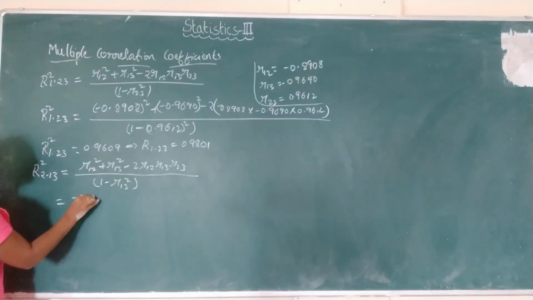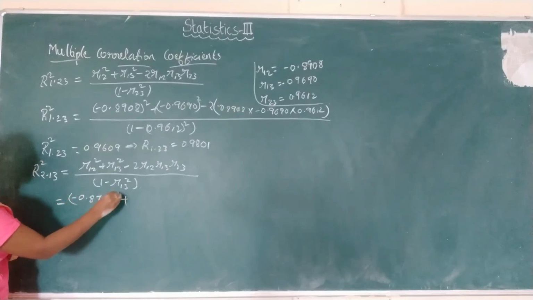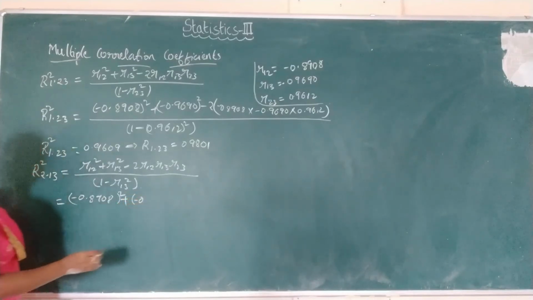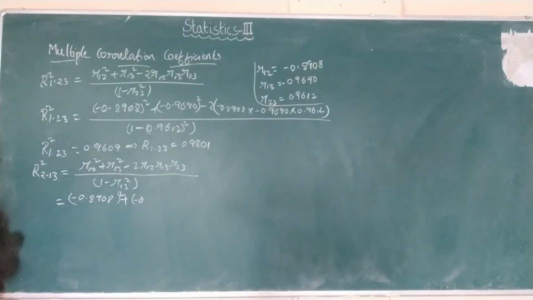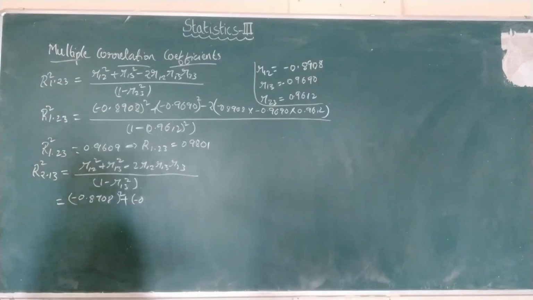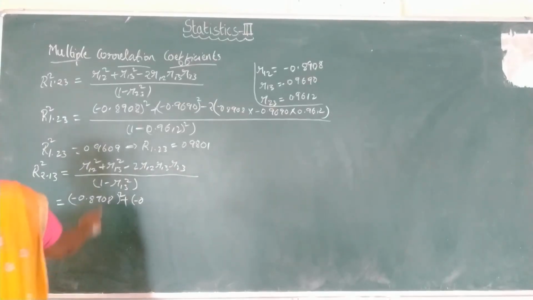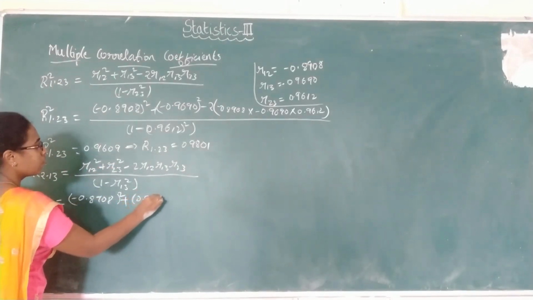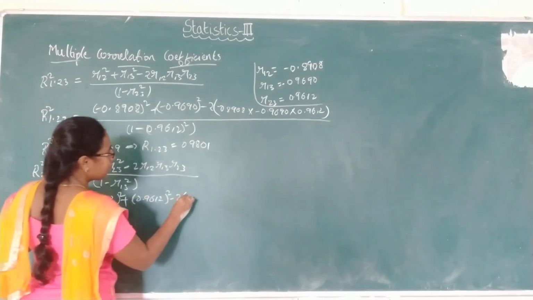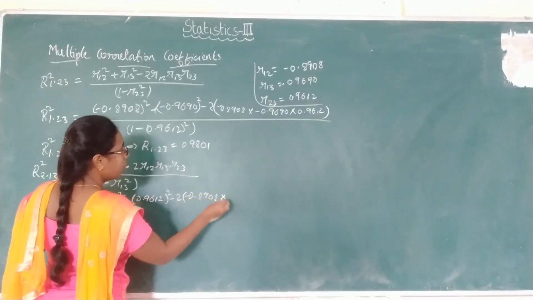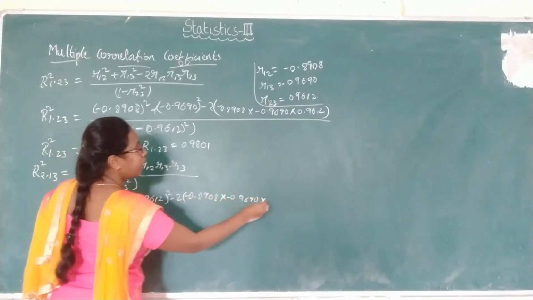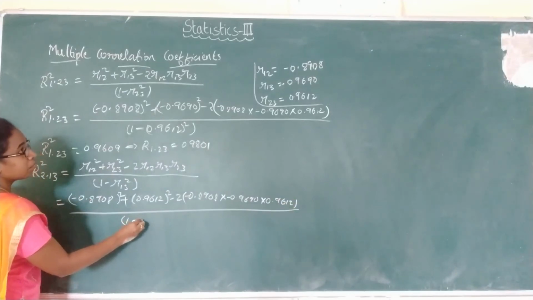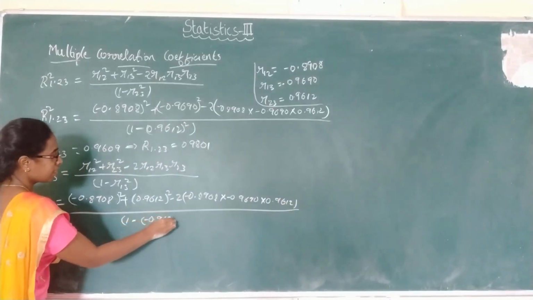R12 is minus 0.8908 square plus R23 square value 0.9612 square minus 2 into those 3 terms, 0.8908 into minus 0.9690 into 0.9612, divided by 1 minus 0.9690 square.